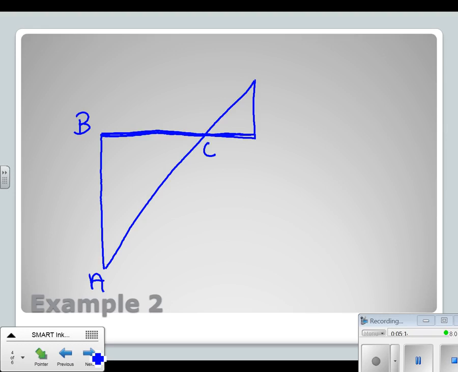And this is triangle, and we'll put an E here and a D here. So EDC. So I'm saying that triangle ABC is similar to triangle EDC. And because they are similar, their corresponding angles are congruent, their corresponding sides are proportional.